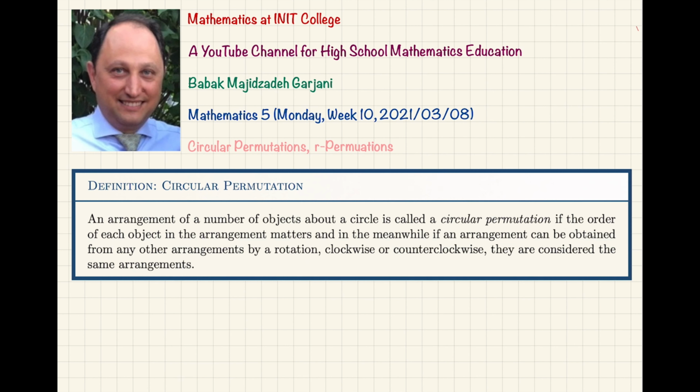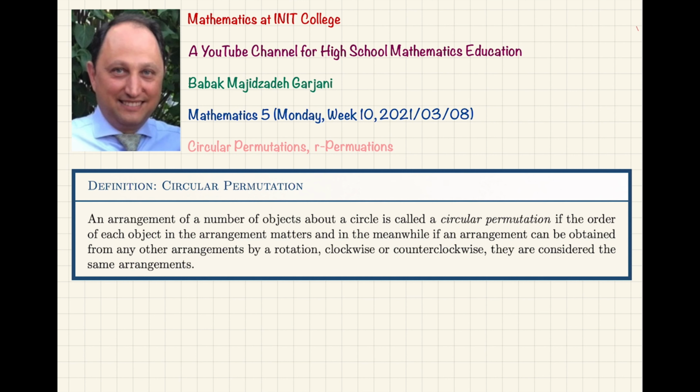Okay, so today I want to talk about circular permutations and what we call R permutations. Let us have a definition. It's very hard to define circular permutation in words if I want to keep it non-technical.